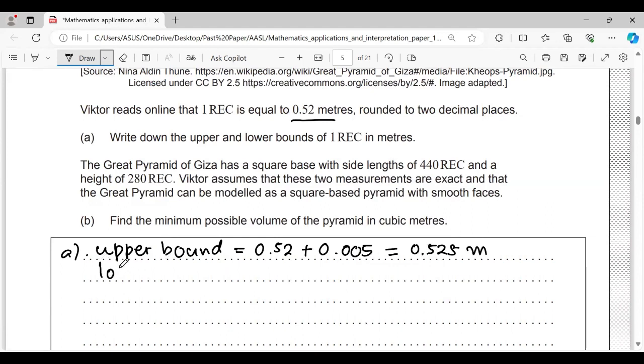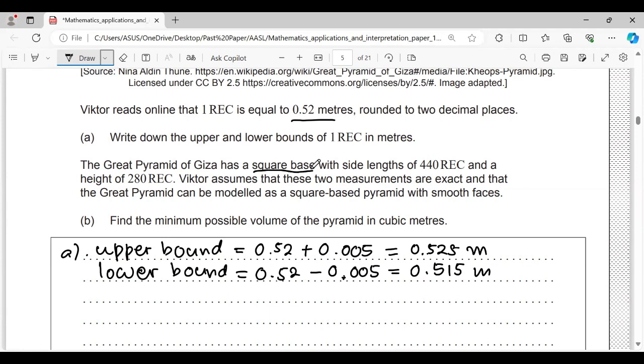While for the lower bound, it is 0.52 minus 0.005, and it becomes 0.515 meters.